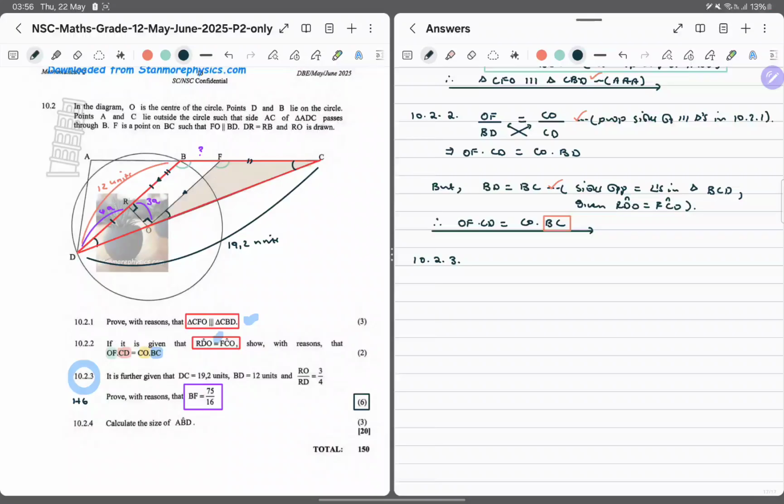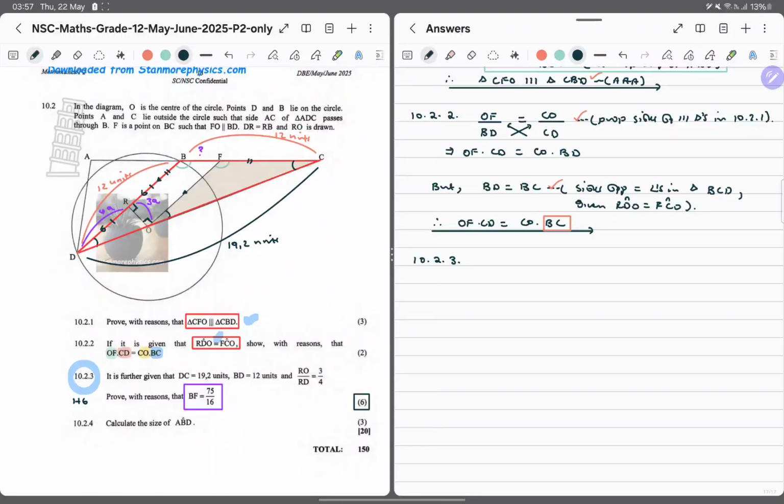One thing for sure, we know that RB and RD should be equal as it is indicated. So if this is 12, it means each one is going to be 6 units. But we understand that BC itself is going to be the 12 units, right? Since we saw that BC was equal to DB or BD. So that's a bit of work.